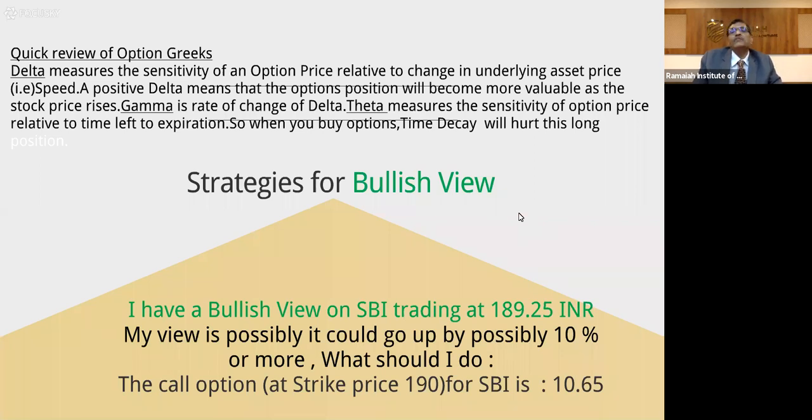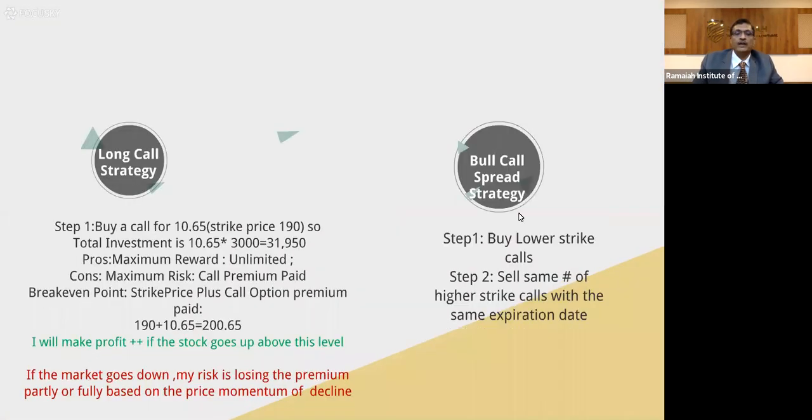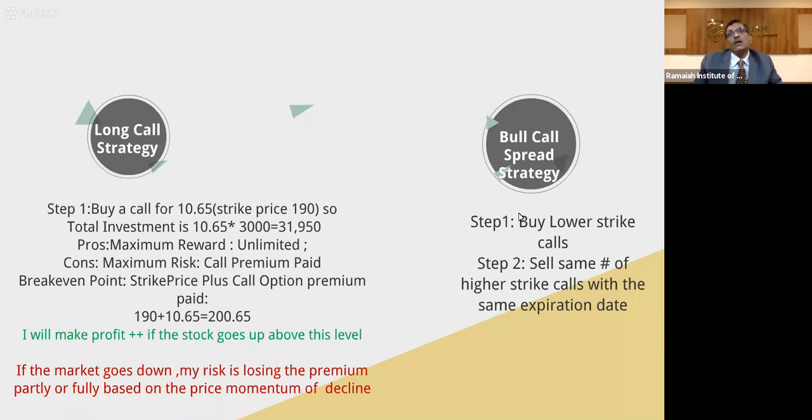But the point is, what can I do? What are the alternatives that are available? Let's say my call option for strike price 190 is available for 10.65. Now, as a bullish strategy, I have a couple of alternatives before me.